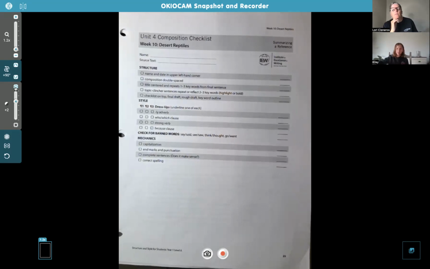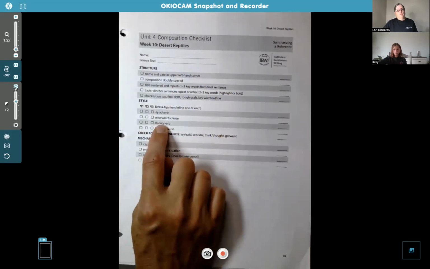Yeah. Okay. So you underlined natural and actually you put natural instinct. Natural is actually an adjective because instinct is the noun in that sentence. And so natural is describing the noun there. So I think you underlined it because maybe you thought it was a strong verb. Is that right? Yeah.